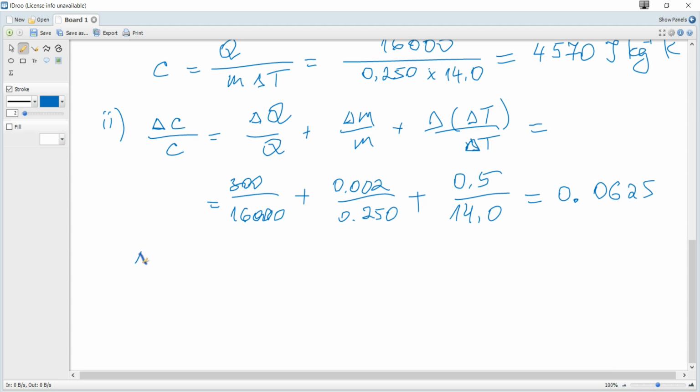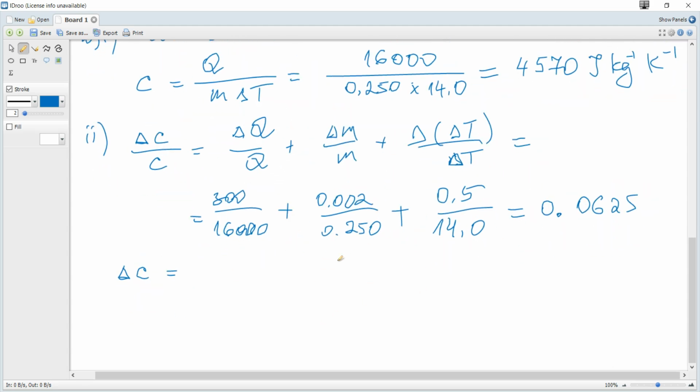And then delta c can be calculated as a value. It's c multiplied by delta c over c, and you can see that c cancels, and you get delta c directly. So it's a value, and I will use the exact values.